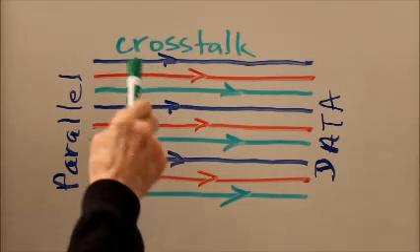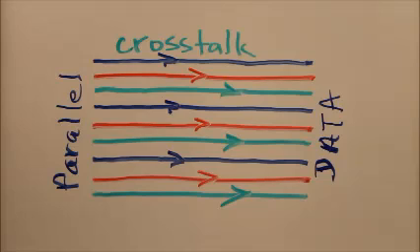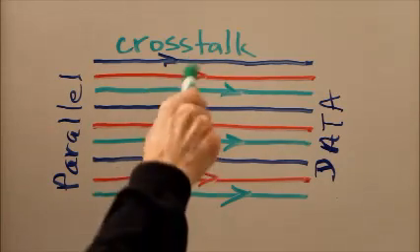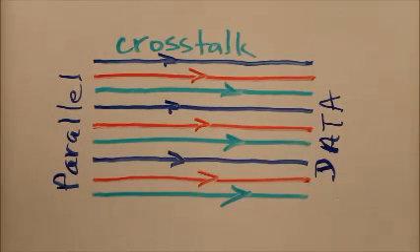You can get rid of that problem to a large extent by shielding each and every one of the conductors so that in effect each one is a little coaxial cable, shielded separately to keep the magnetic fields from interacting with one another.